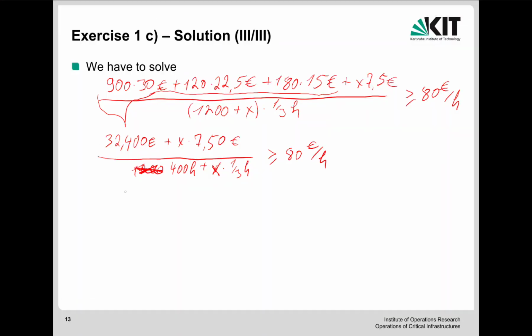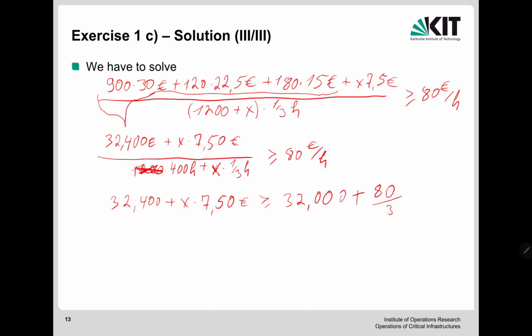Okay, so that means we have 32,400 plus X times 7.50 euros. And then on the right hand side, we have 32,000 plus 80 divided by 3x. Okay, and that means we have 400 is at least 115 divided by 6x.